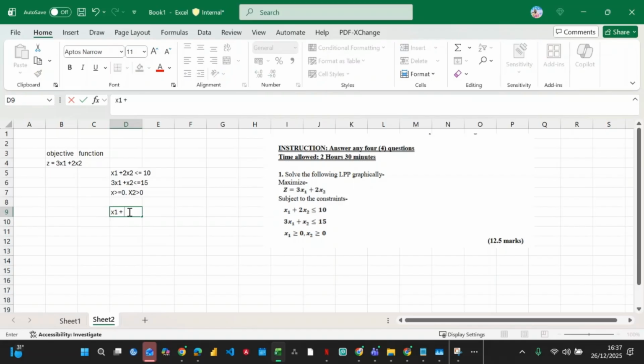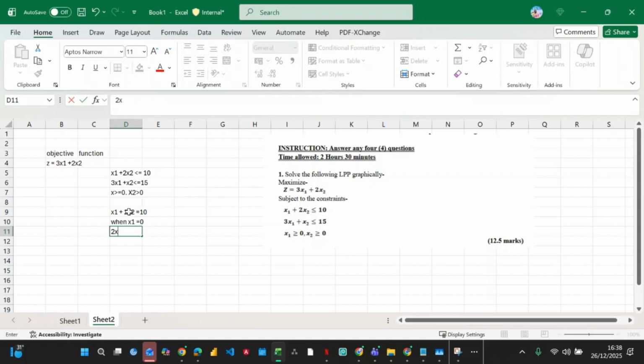So let's continue. Now we're going to form an equation. Let's first look at the first one: x1 plus 2x2 equals 10. When x1 is equal to 0, what is going to be our x2?